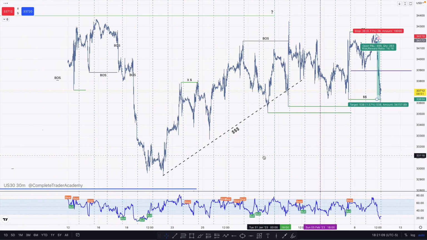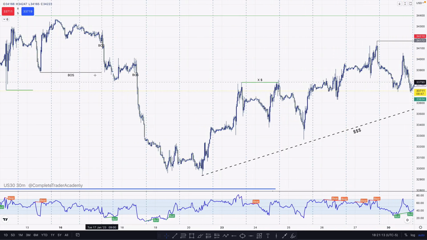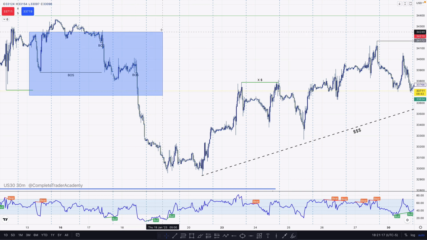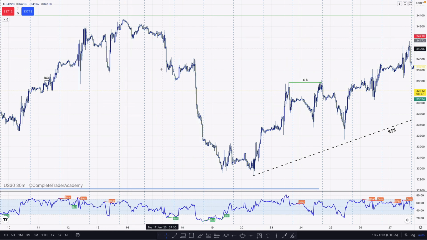What I mean by ranging is it could do this. Remember over here when we had a high here and then we broke down, and then we kind of spread out? We made a low, lower high, low, and kind of spread it out.